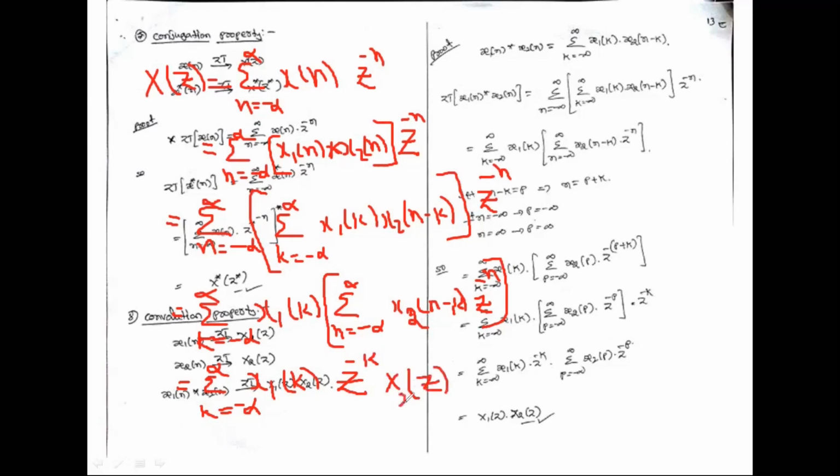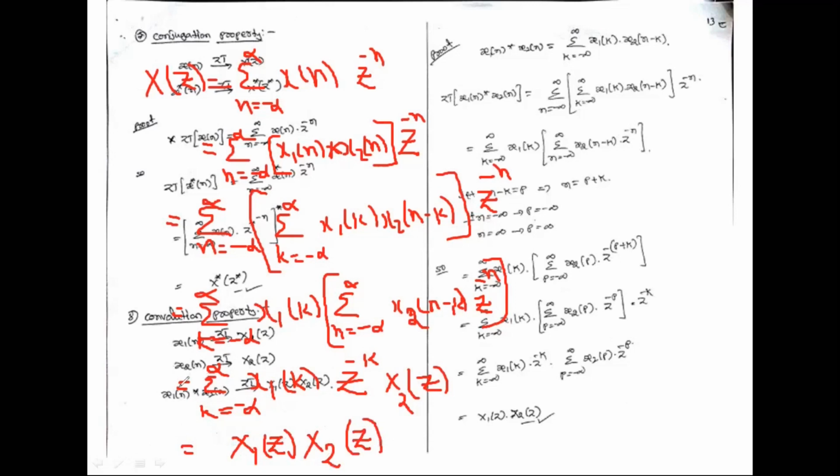So I'm writing it as x2 of z. Got it? And now observe this one, the sum of k equal to minus infinity to infinity, x1 of k z power minus k. The k is a variable here instead of n. It is also one of the definitions of the z transformation. It is x1 of z, since the signal is x1, multiplying with the x2 of z. Got it?